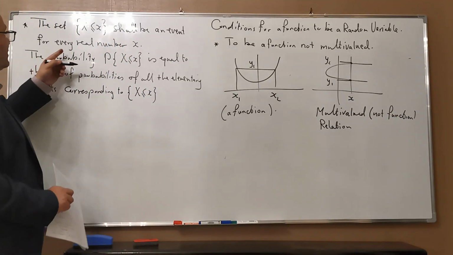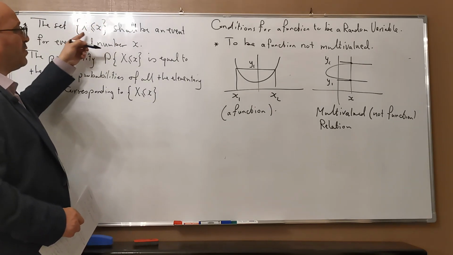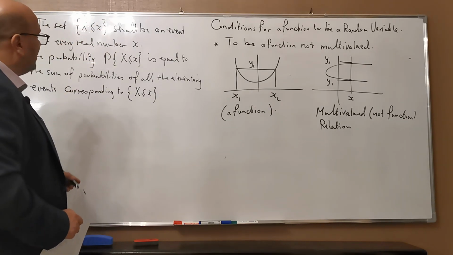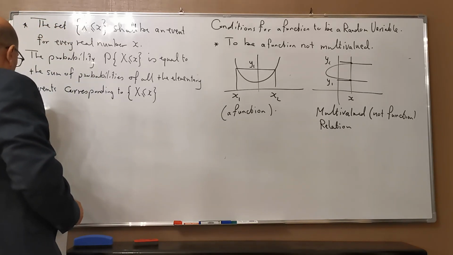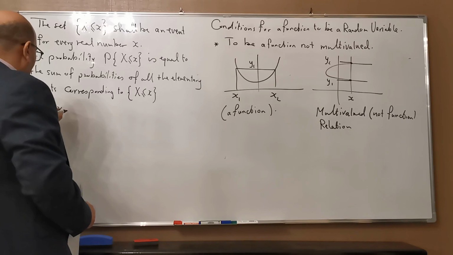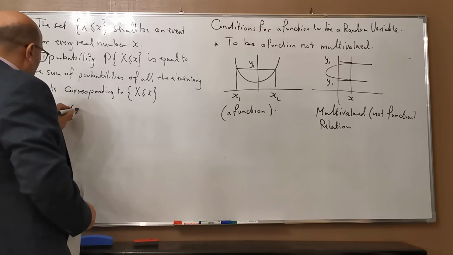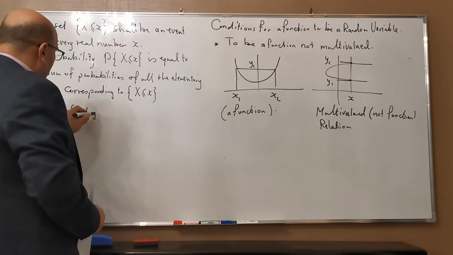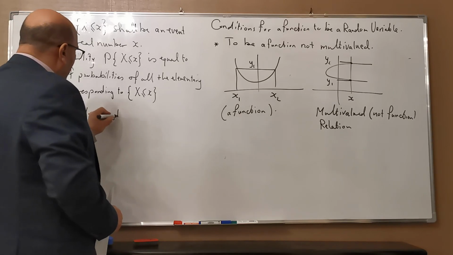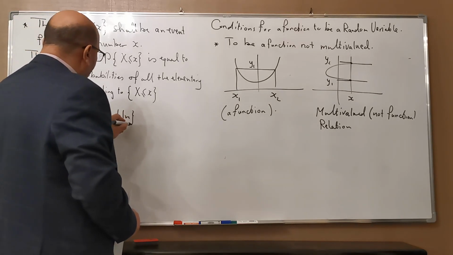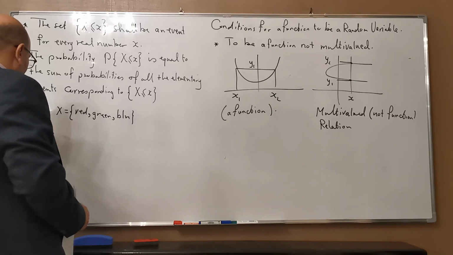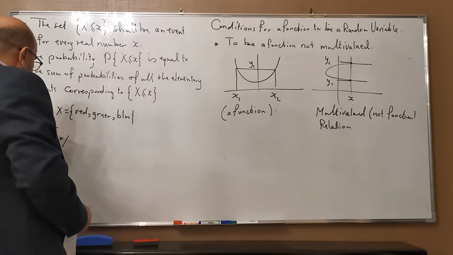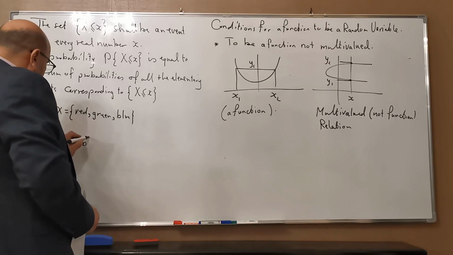Of course, when you are dealing with real numbers, this has no problem. This is always satisfied. But imagine that x equals red, green, blue, let's say. Then what does it mean to have x less than or equal to blue?